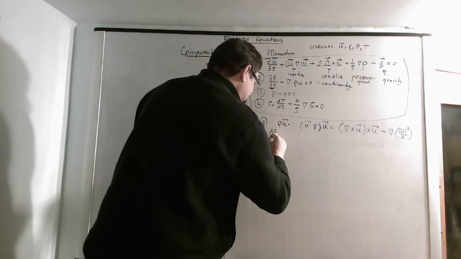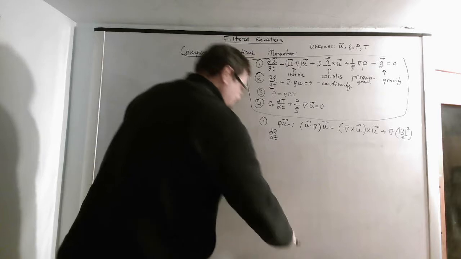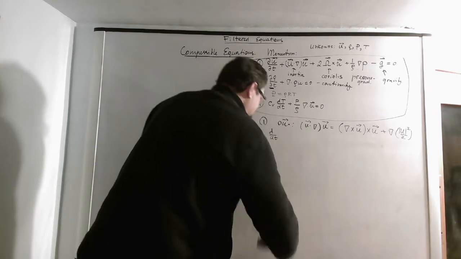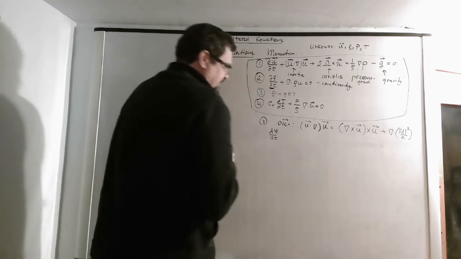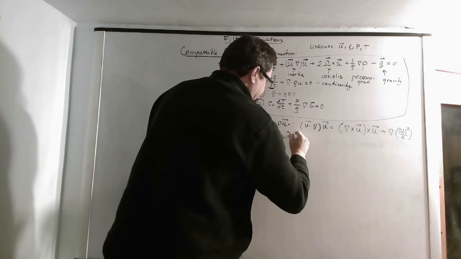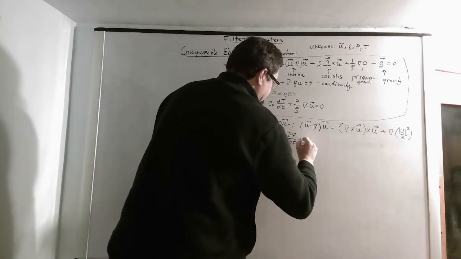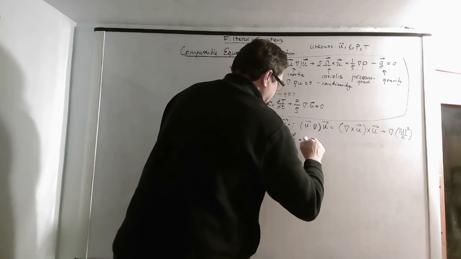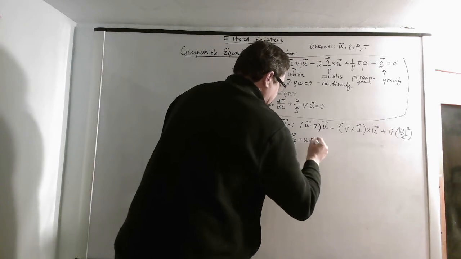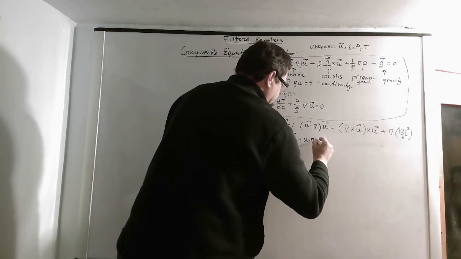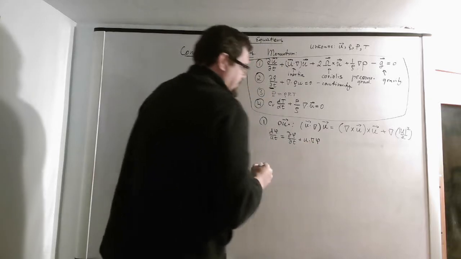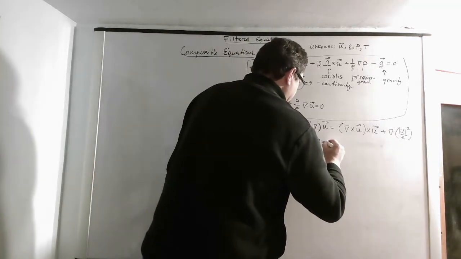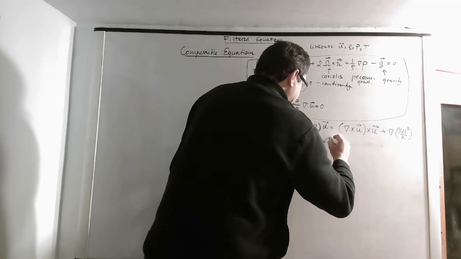For any variable phi, d phi dt equals to d phi dt plus u times gradient of phi.